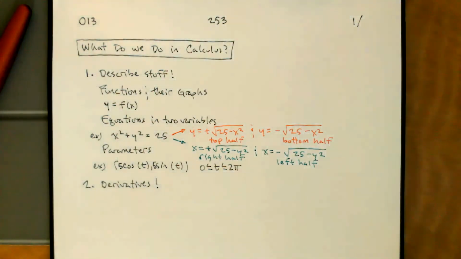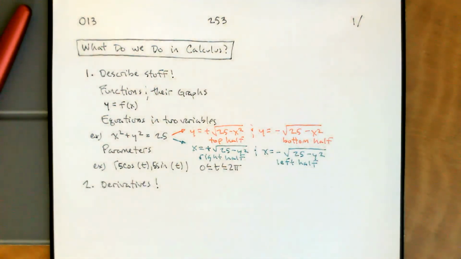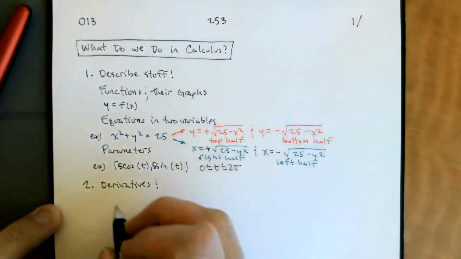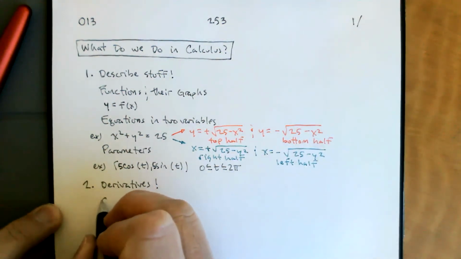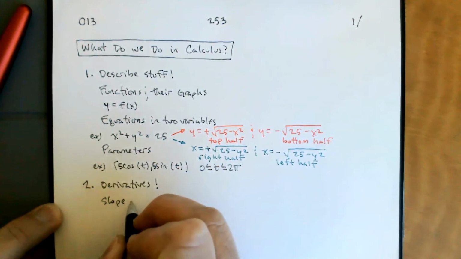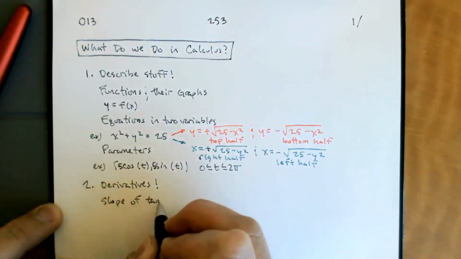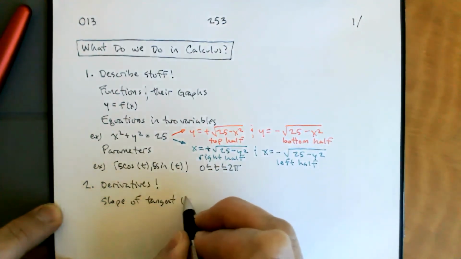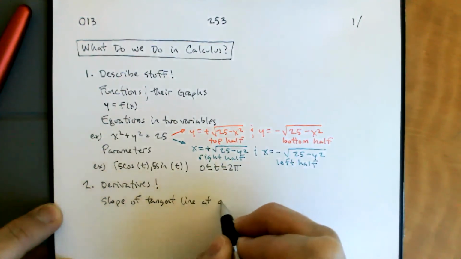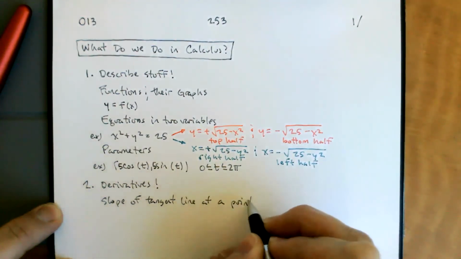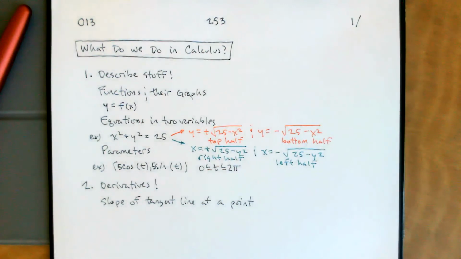It sounded like I was going to put a third one on there, but I wasn't. I was just using the wrong inflection at the end of the previous sentence. So for derivatives, we can think of the slope of the tangent line at a point. We can think of the instantaneous rate of change.